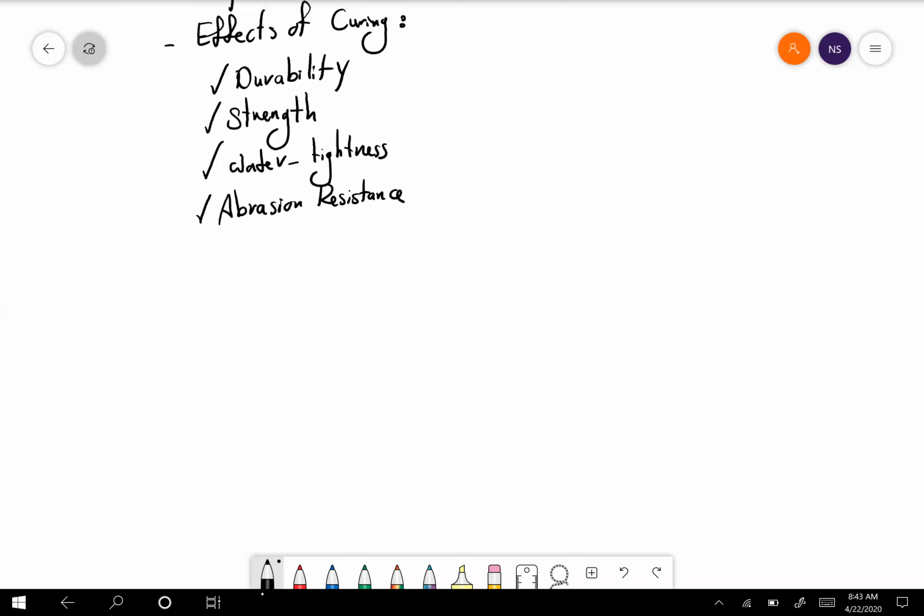Also the volumetric stability, you can make sure that your concrete is not going to shrink because of the lack of water or humidity during the curing process. So volumetric stability.